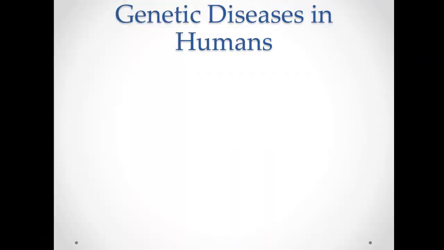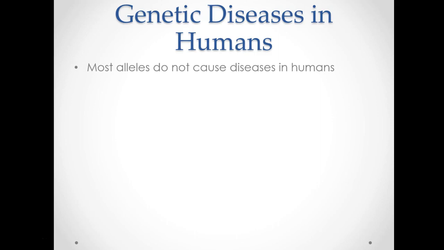So when it comes to diseases in humans, most diseases that we encounter, again, are not as simple as a single gene inheritance. If you think of things like cancer and heart disease and diabetes and a whole host of other diseases, those diseases are very complicated and they absolutely do include some genetics and inheritance, but they also include a lot of different types of environmental and lifestyle conditions as well.